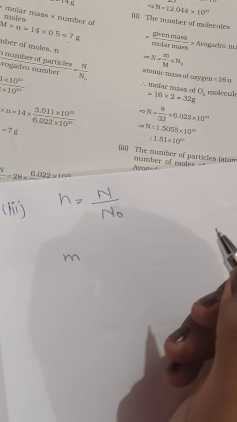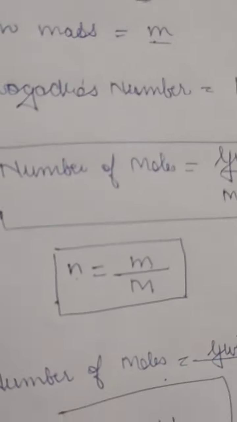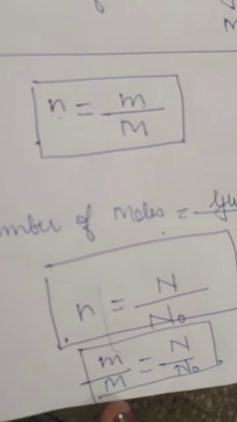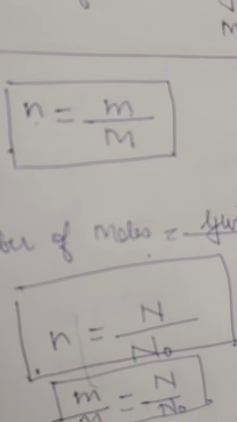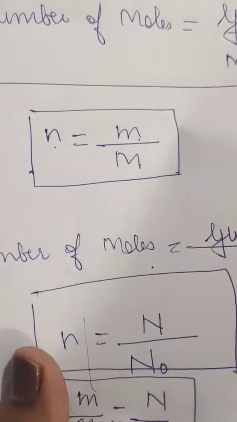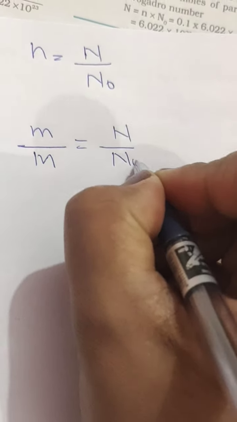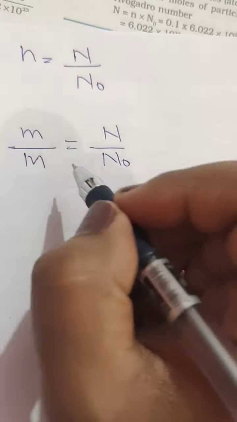I hope you remember that I've told you that there is a formula, a relation: m upon capital M equals to N upon N naught. So we can easily write here m upon M equals to N upon N naught.